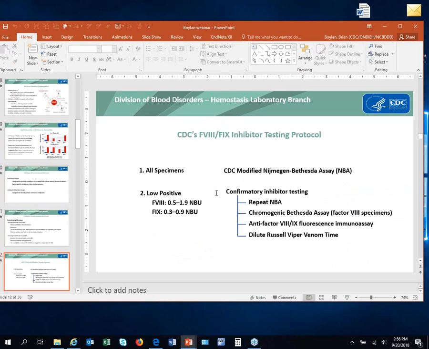I see. I would say that we have considered on our end, I'm not exactly sure what the question gets at, but perhaps when you're looking at the protocol that we have, which begins with the CDC's modified Nijmegen-Bethesda assay, and then goes into repeating using these different tests, we have certainly considered the possibility of using an anti-factor antibody as the initial screen in our test.